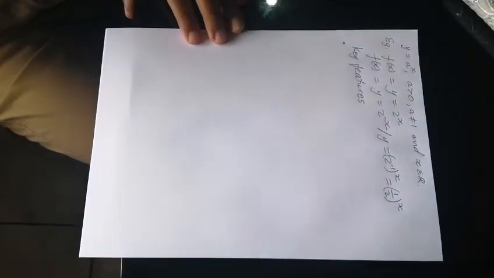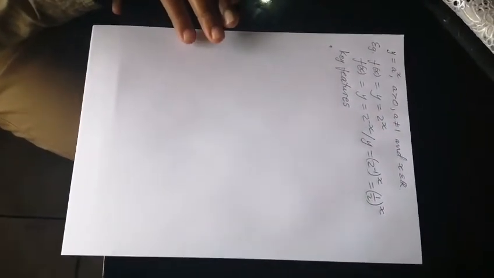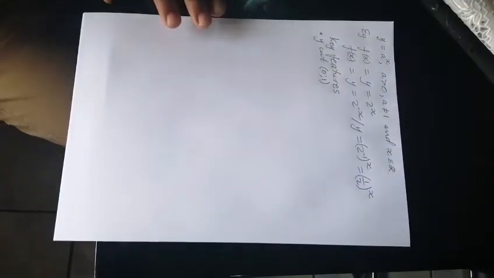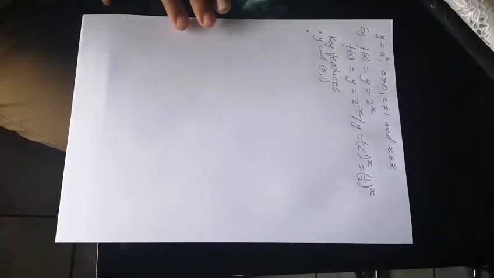The other important thing that we need to know are the key features, which I am going to just enumerate. Number 1, you need to know that all exponential functions cut the y-axis at 0 and 1. Exponential functions have got a horizontal asymptote.